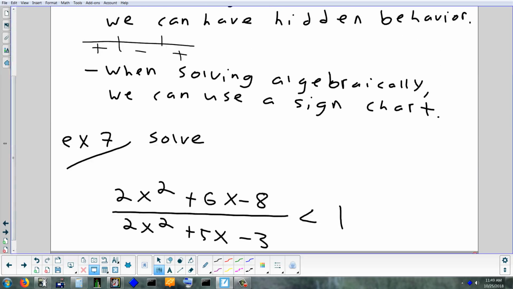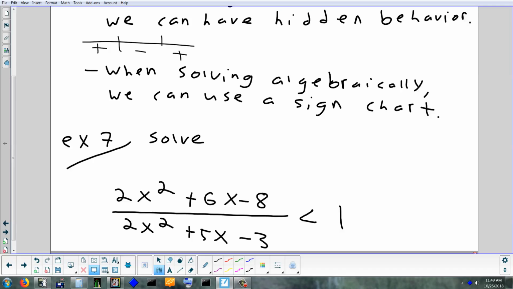All right, so let's try this one. This one can be done algebraically or graphically.